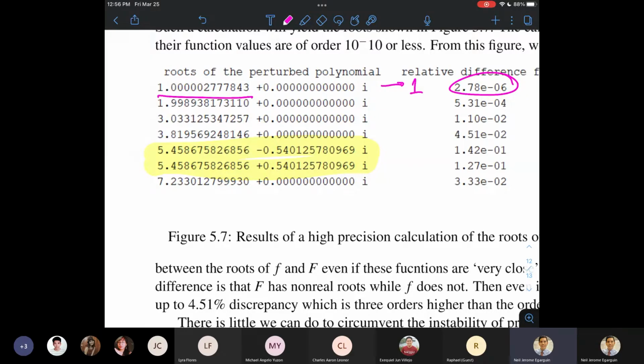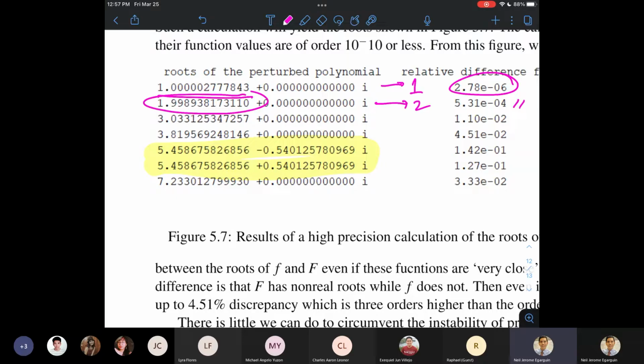Ganun din siguro si 2 kasi yung pangalawang root na to, malapit pa rin siya kay 2. So yung maliit na pagbabago, yung order 10 to the negative 5 na change kay little f, ay nag-cause lamang ng change of order 10 to the negative 4 dun sa root na supposedly dapat equal kay 2. So probably 2 is a stable solution.